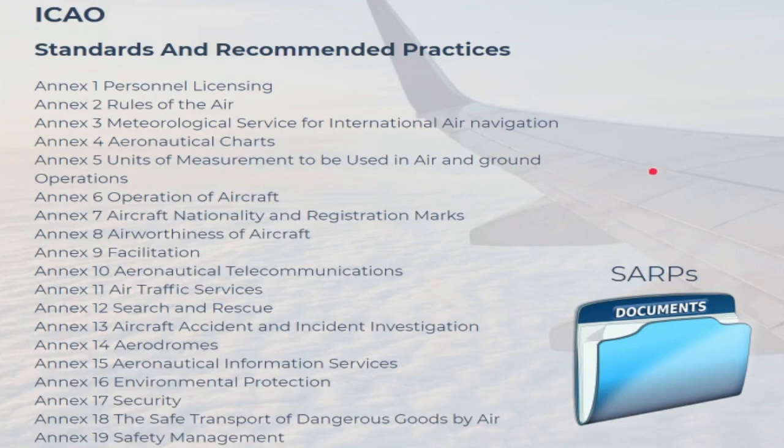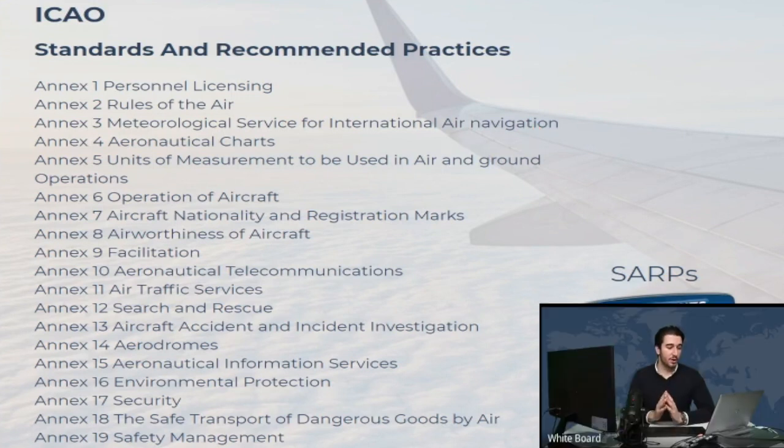Now, the standards and recommended practices, guys, are not rules. This is very important. Do you know the difference between a rule and a standard? A rule is something which is mandatory.